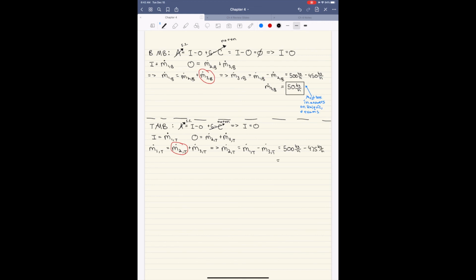And that gives us 25 kilograms per hour of toluene in our top product stream. And so once again, it's necessary to box the answer. And so, by using both a degree of freedom analysis and material balances, we were able to identify the missing flow rates in our distillation column example problem.